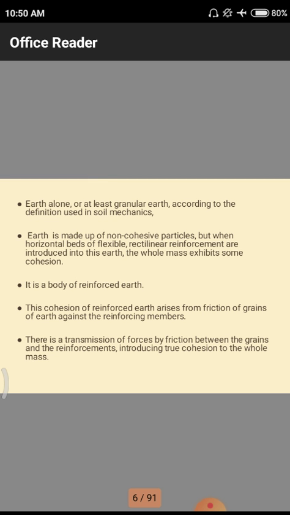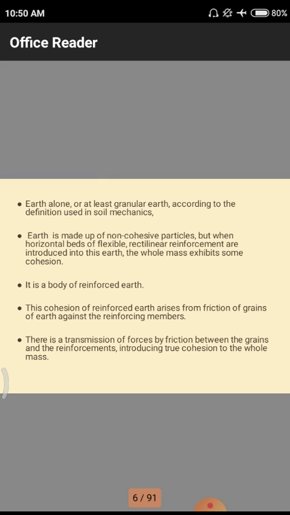This cohesion of reinforced earth arises from friction of grains of earth against these reinforcing members. That means the cohesion force of reinforced earth arises from friction of grains. Normally, cohesion force will be formed due to the action of particle bonding. If the particle bonding is very high, automatically the cohesion force is less.